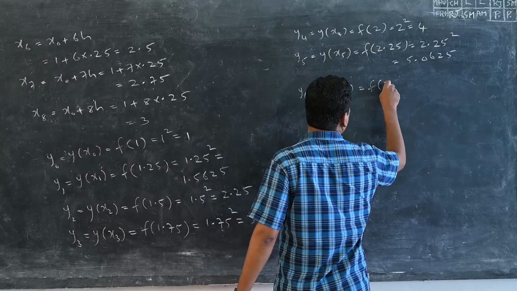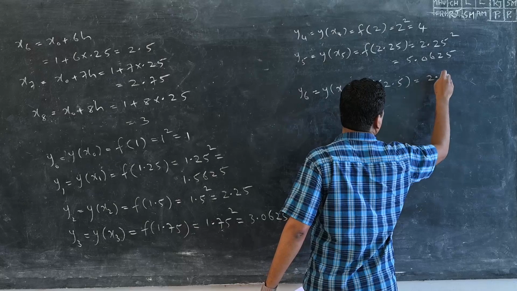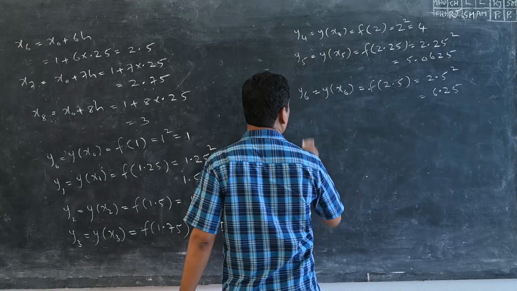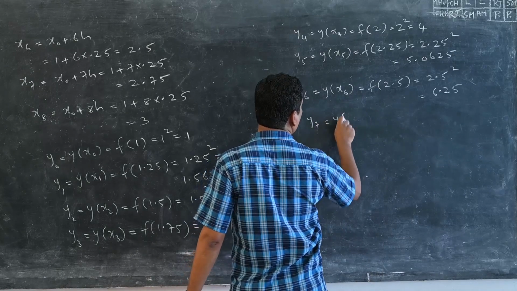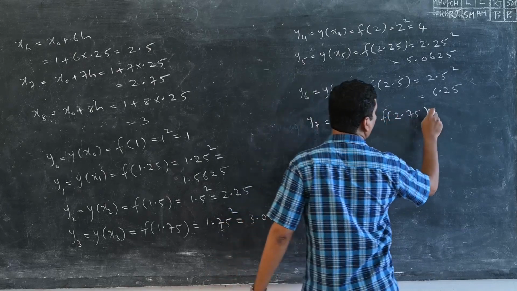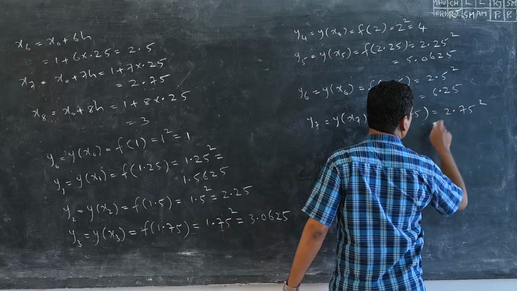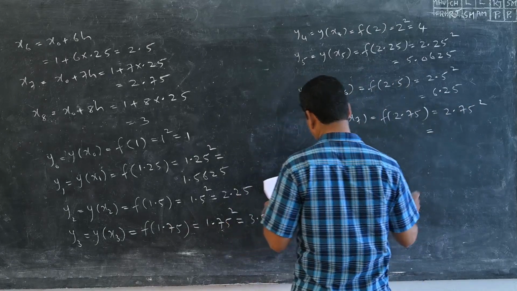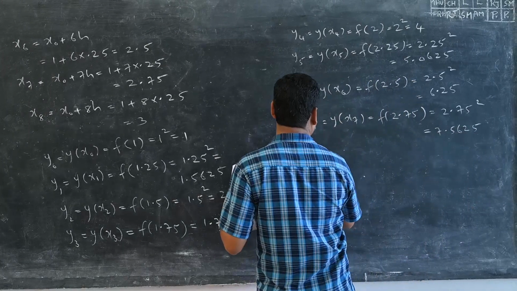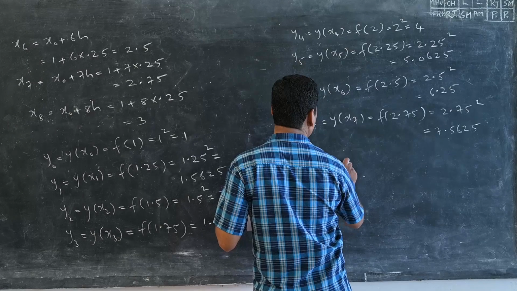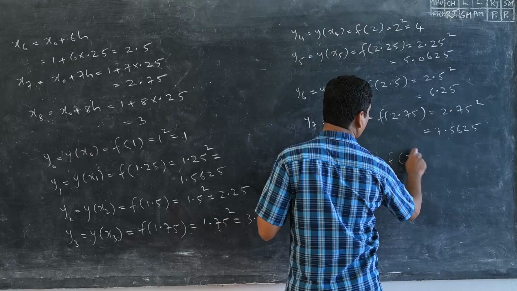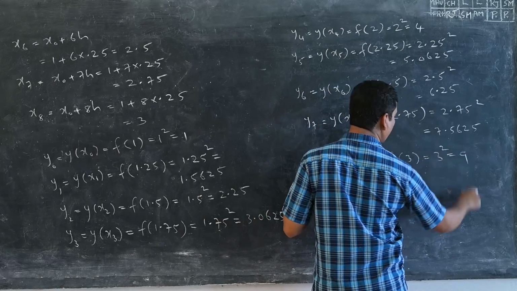f of 2.5. 2.5 square is equal to 6.25. y7 is equal to y of x7. f of 2.75 is equal to 2.75 square is equal to 7.5625. y8 is equal to y of x8 is equal to f of 3 is equal to 3 square is equal to 9.